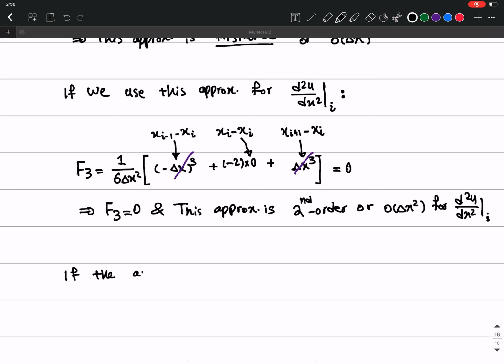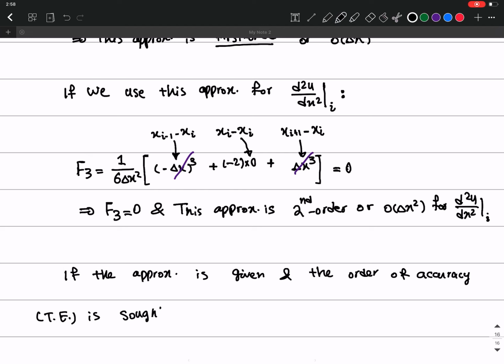So if the approximation is given and the order of accuracy, or sometimes the truncation error, is sought, you can just use Taylor series.